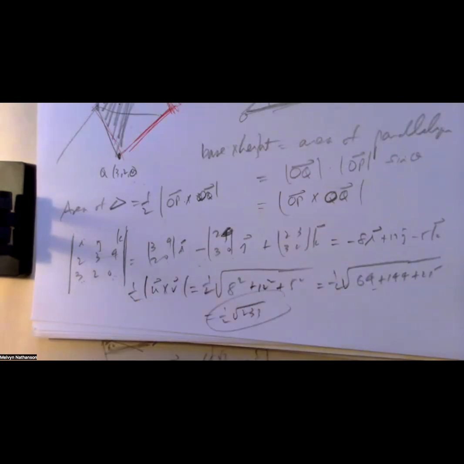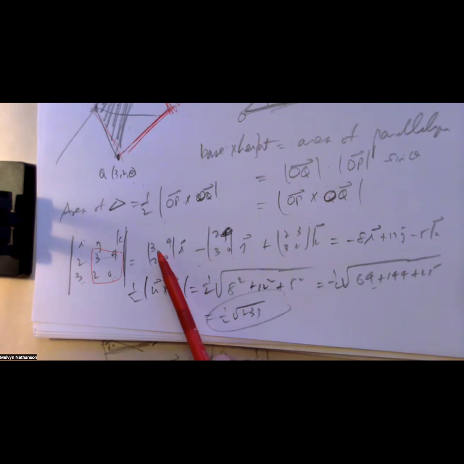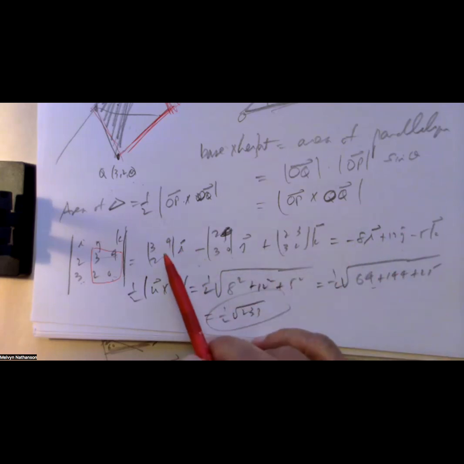And the scalar comes from the 2 by 2 determinant from the other two columns. So I, and then you look at the second and third columns, 3, 4, 2, 0. And the rule for a 2 by 2 determinant is 3 times 0 minus 2 times 4, 3 minus 8. Sorry.